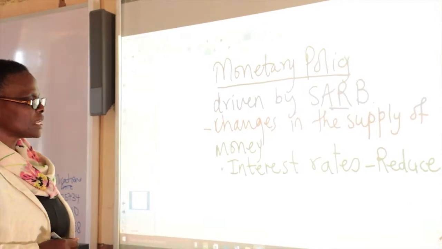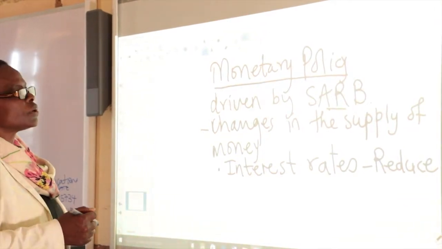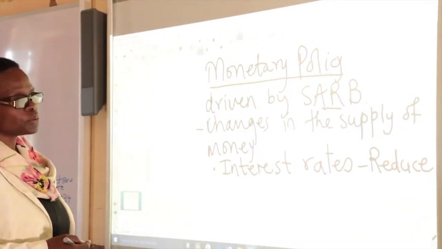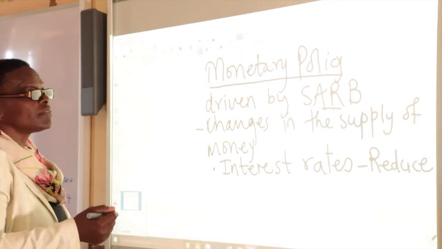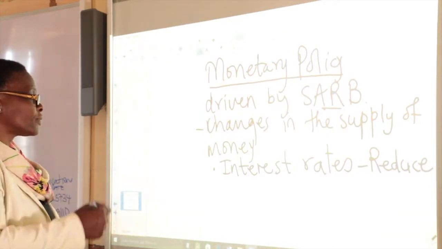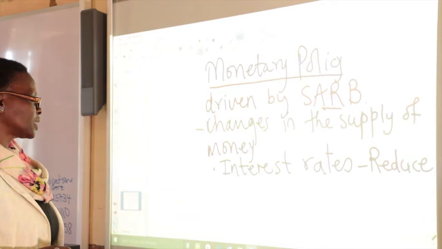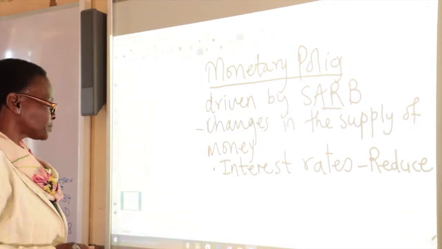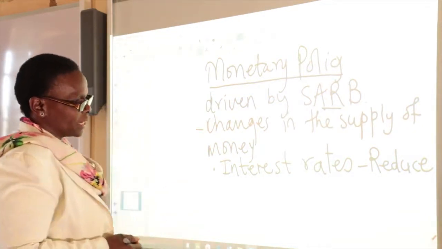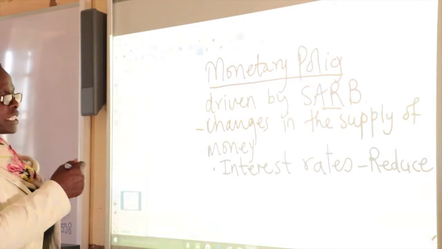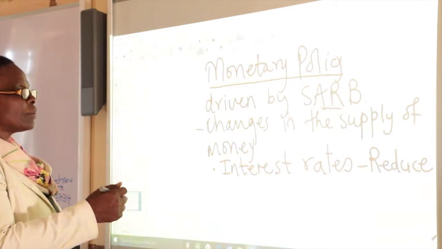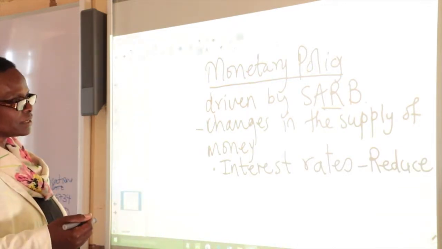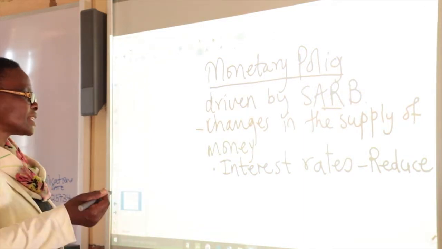Even the entrepreneurs, the businesses would also be encouraged to increase their investments, to take advantage of these reduced interest rates. So what happens then? If interest rates are reduced, then people would borrow money because it is cheaper. They pay less interest.